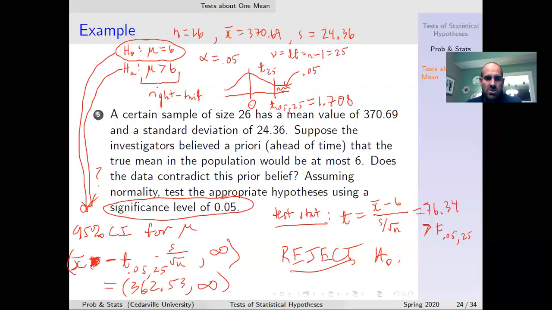So you can think about it as a confidence interval situation if you want, just to help reinforce the confidence interval paradigm. You could also just compute the rejection region and reject based on the test statistic being too outlandish relative to that cutoff point and being in the rejection region also.